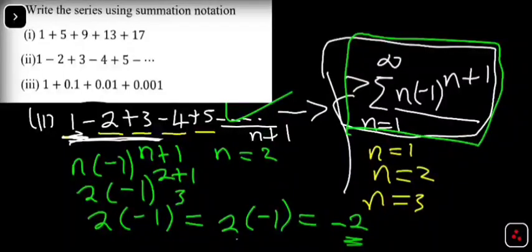Now let us proceed to the third question. We have 1 plus 0.1 plus 0.01 plus 0.001. What type of series is this? This is a geometric series with the first term a1 equal to 1 and the common ratio equal to 0.1.